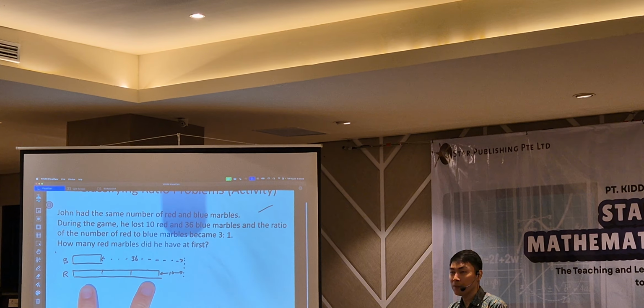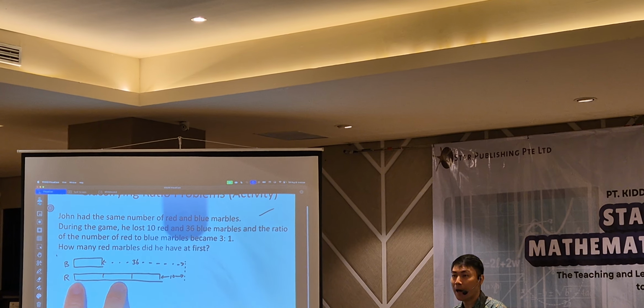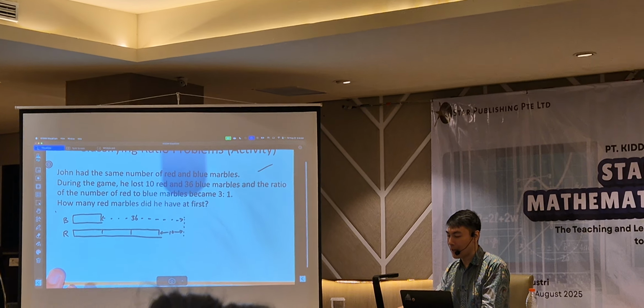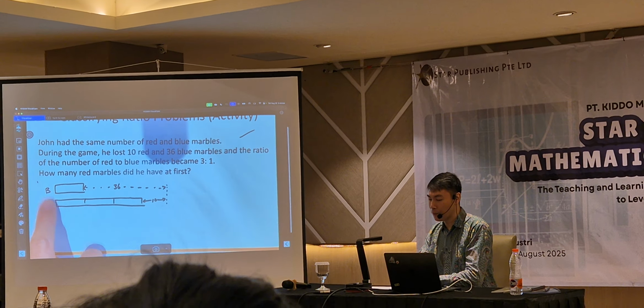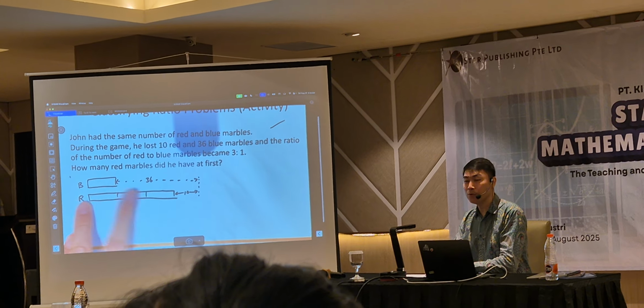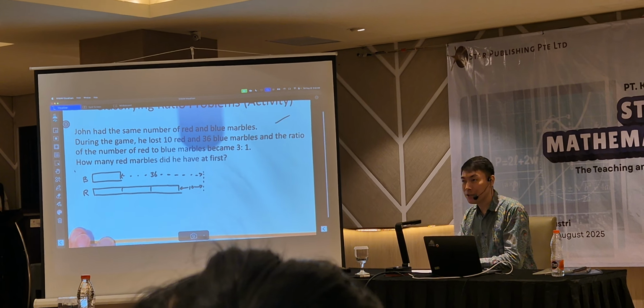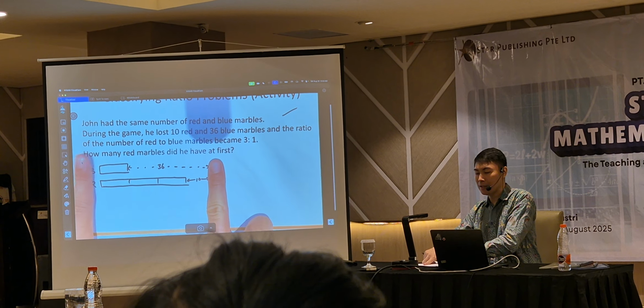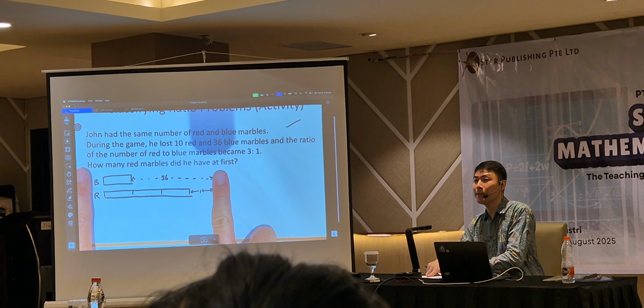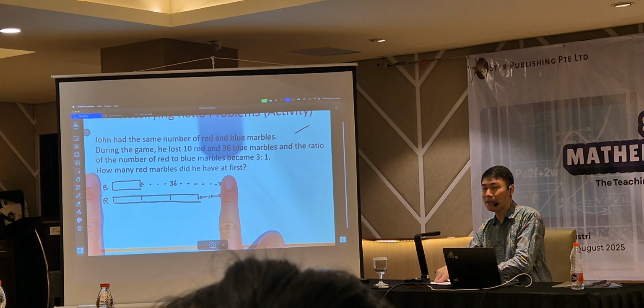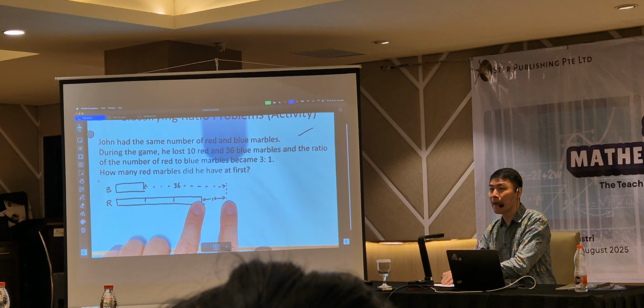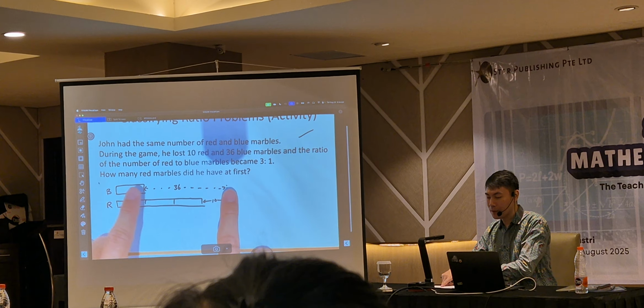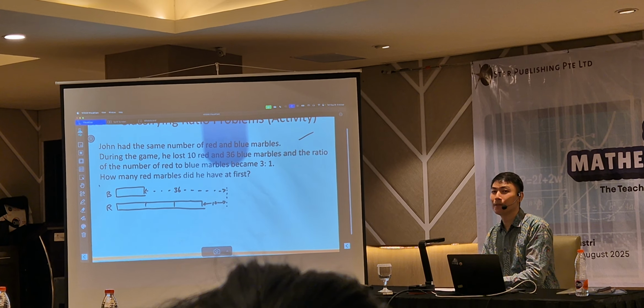What you see here, the bars, are the outcome, the after. Right? At the end, the ratio of red is to blue is 3 units is to 1 unit. Initially, the number of red and blues were the same. What had happened in between? He lost 10 red marbles, 36 blue marbles.